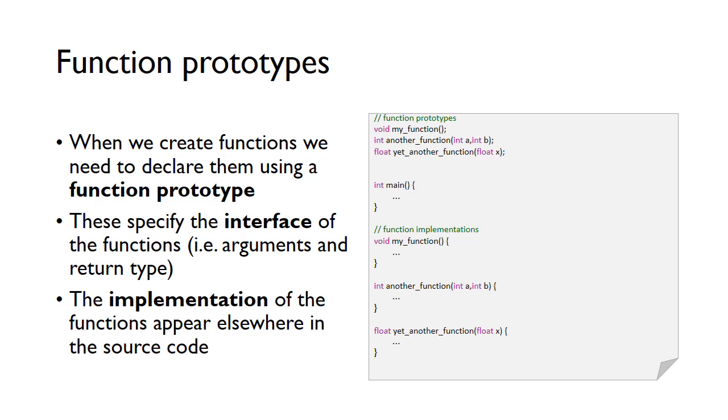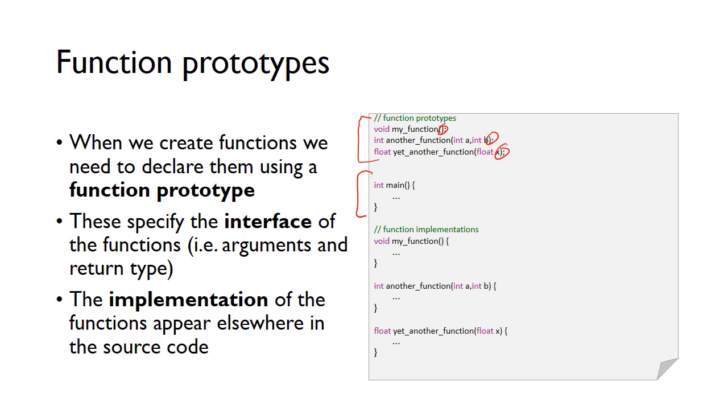At the top of your code, you tend to put the function prototypes. So we've got a list of prototypes here, and you can see each one of these ends with a semicolon. When you do the prototype, you need to include the semicolon. Then we've got our main function, which will contain all the lines of code.